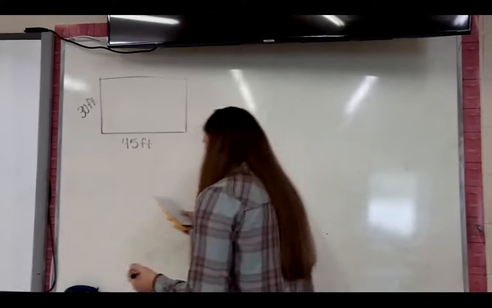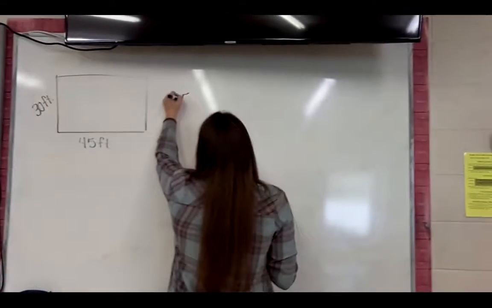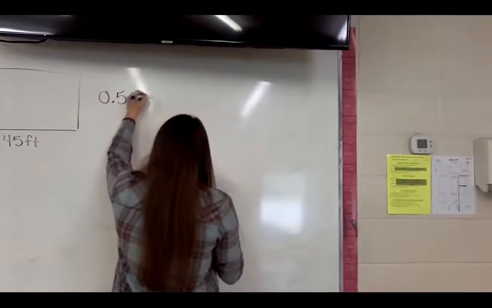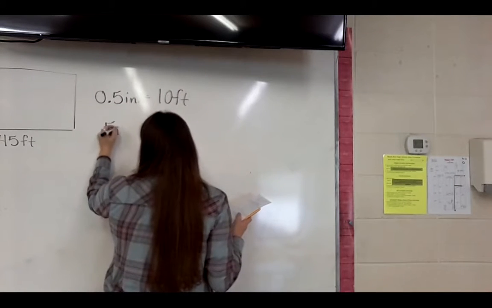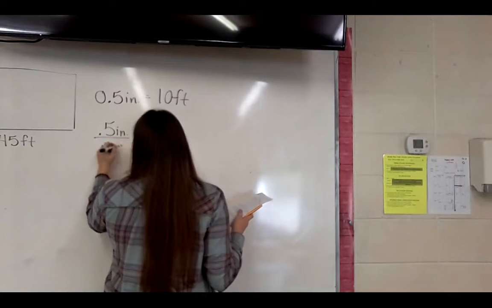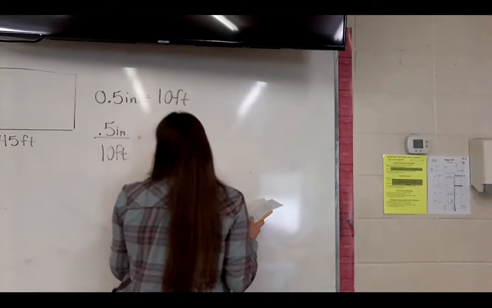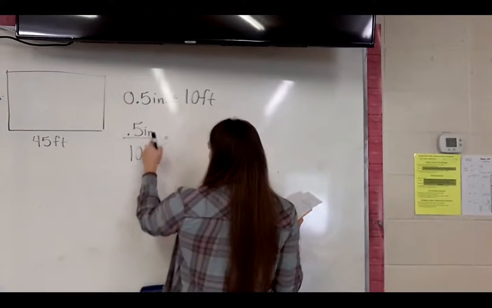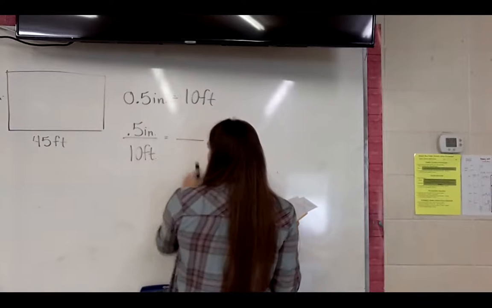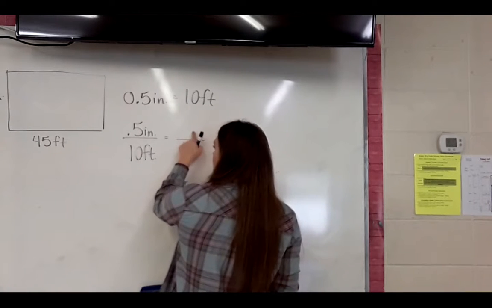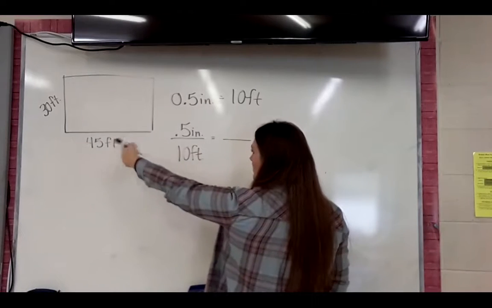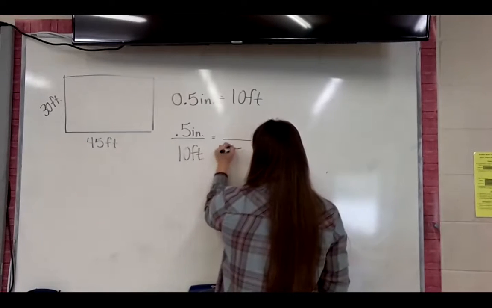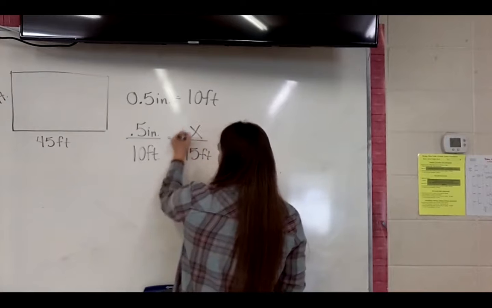Okay, they told me the scale is 0.5 inches equals 10 feet. So I know I have 0.5 inches over 10 feet as my first fraction. That's my scale. It's always a model over actual. So then on this side, I also have model over actual. We don't know the model length on this one. They gave me the actual lengths. So I'm going to figure out this side first. I don't know this number yet.